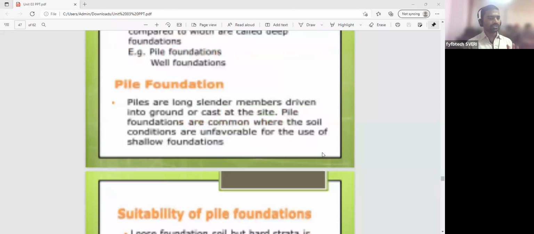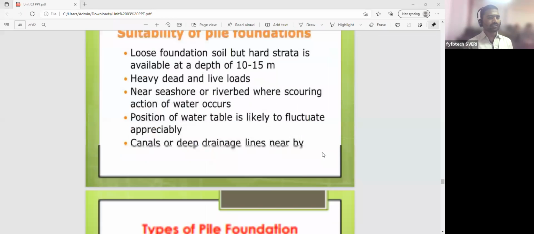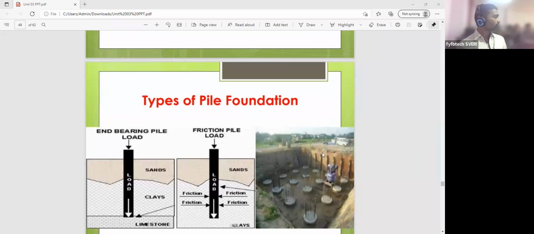Now, the pile foundation is provided when the soil is weak and the safe bearing capacity of the soil is very low. Or we can also say, when the soil is clayey soil or compressible soil, in that case we provide the pile foundation.